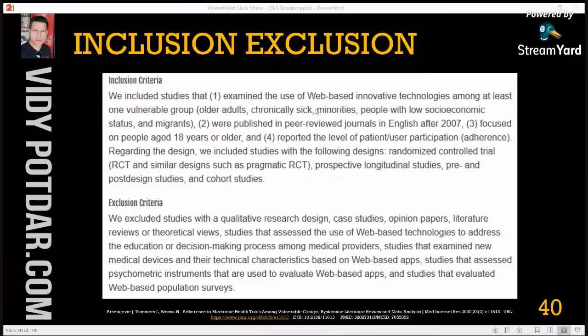That becomes the inclusion criteria. What is the exclusion criteria? We excluded studies with a qualitative research design, case studies, opinion papers, literature reviews, or theoretical reviews. So this is an example of an exclusion criteria.